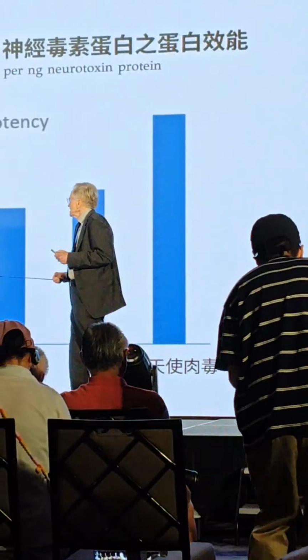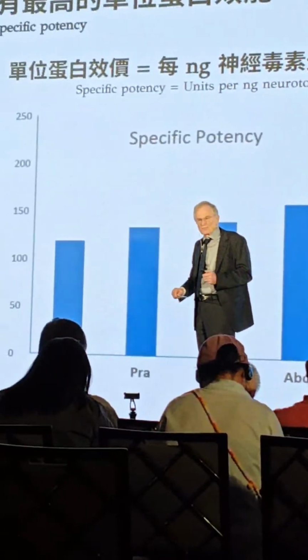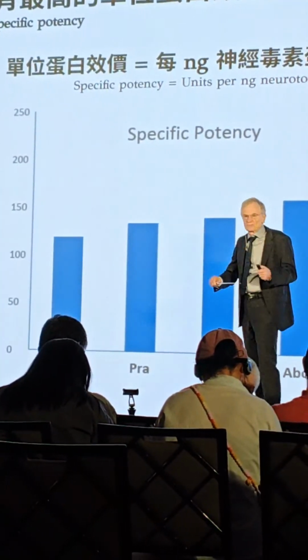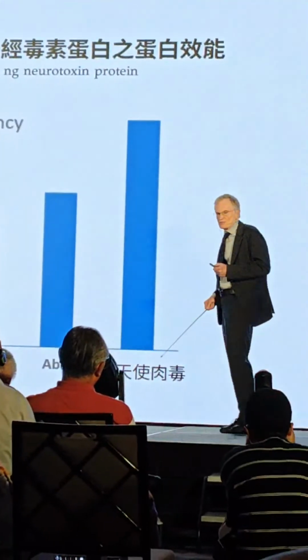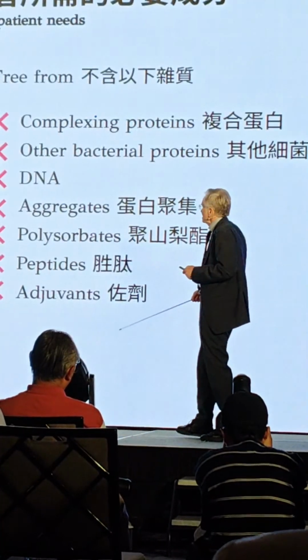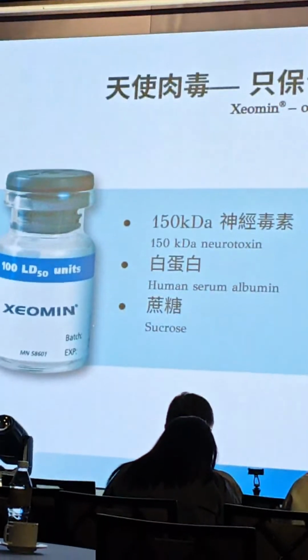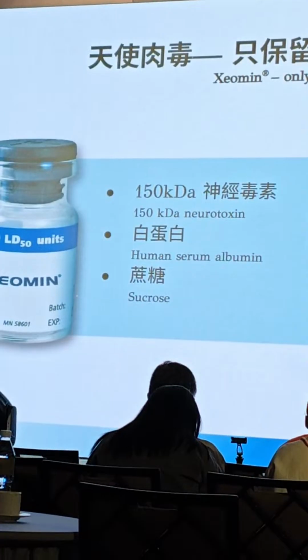And from that we can calculate the so-called specific potency, the potency in relation to the amount of neurotoxin. And as you can see here, the specific potency in Xeomin is the highest. So to conclude my presentation, Xeomin contains only what the patient needs for the therapy.